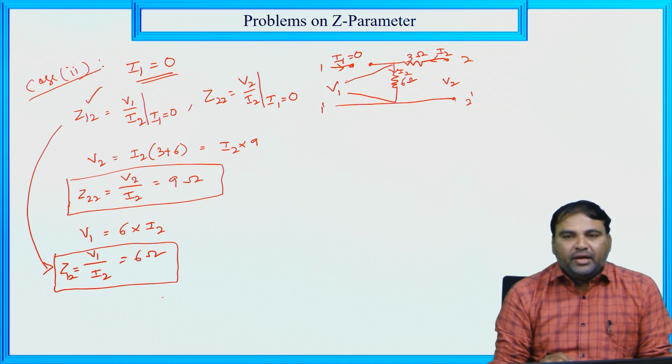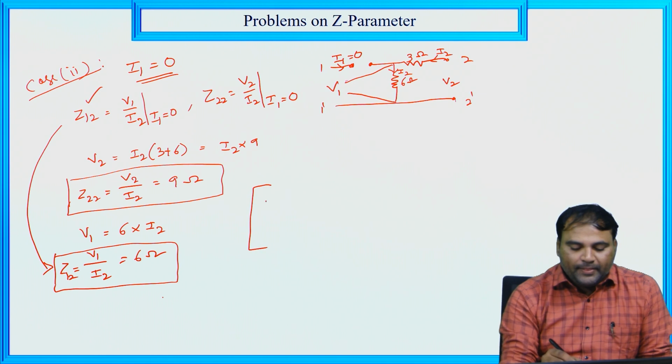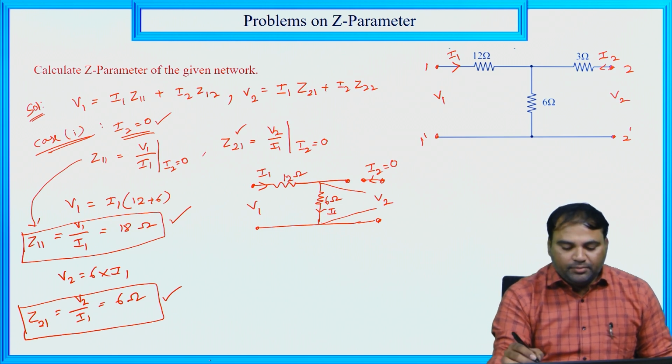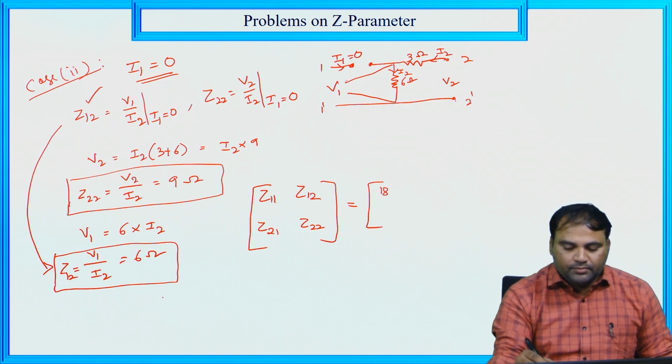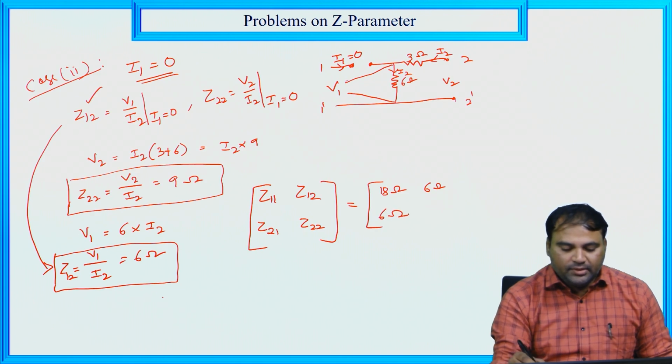Now these 4 parameters we have to write in matrix form. So Z11, Z12, Z21 and Z22 is equal to, what is the Z11 value? 18 ohm. Z12 is 6 ohm, Z21 is 6 ohm, and Z22 is 9 ohm.